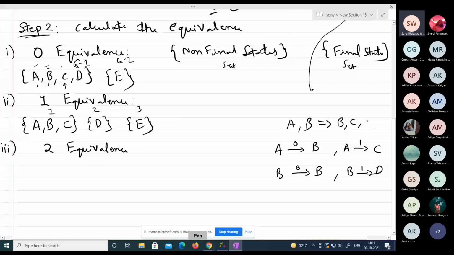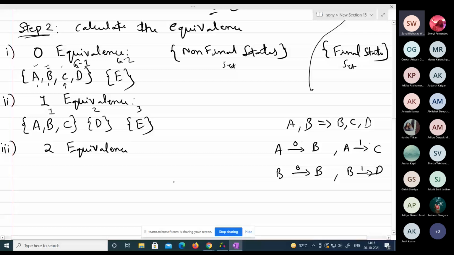Now you check this BCD. Are they belonging in the same group? Are they included in the same group over here? No, it's not in the same group. D is not included over here. Okay, now I will check one more.